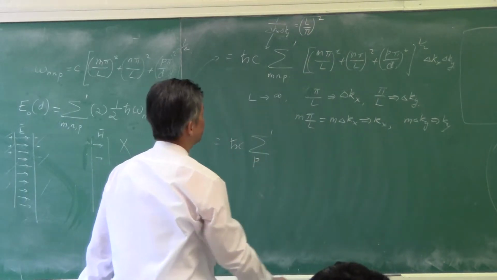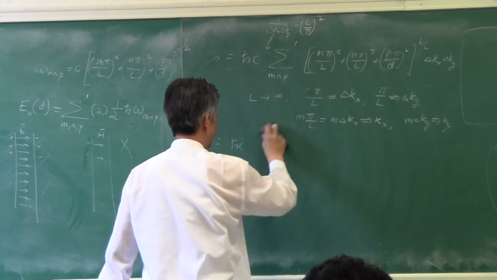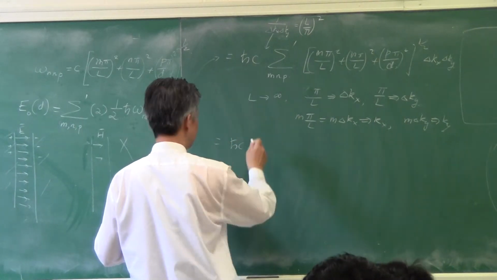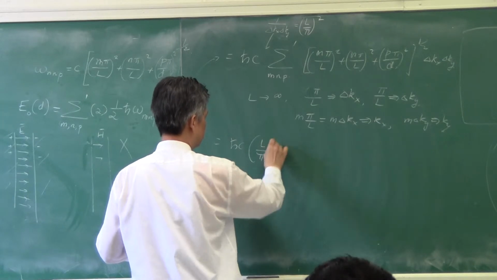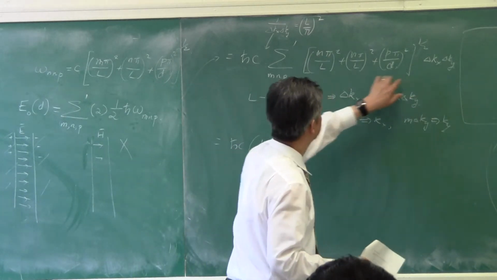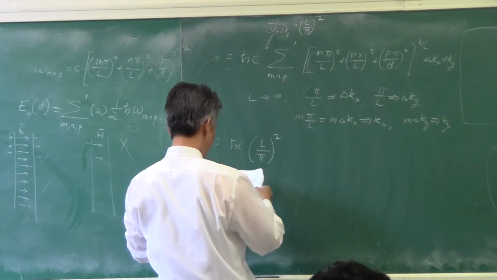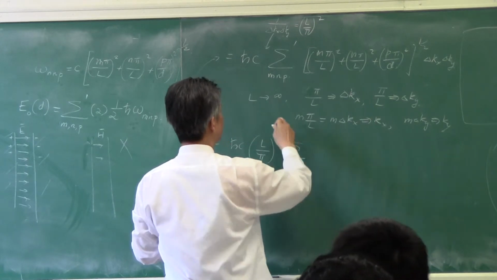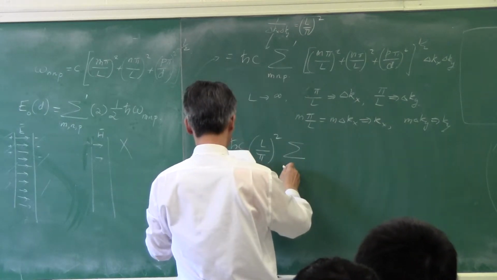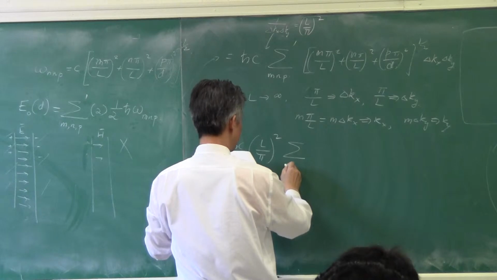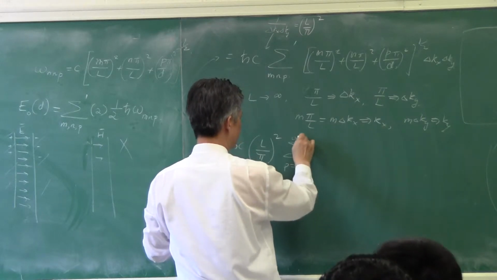So I need to put in an L over pi squared on the outside, and then leave this on the inside and convert the summation inside into an integral. The p summation is still over an infinite region, okay?